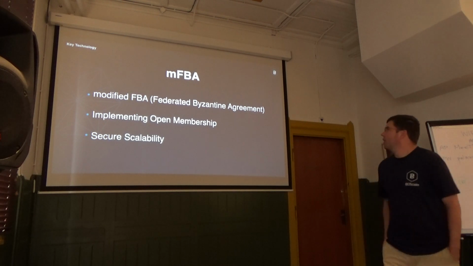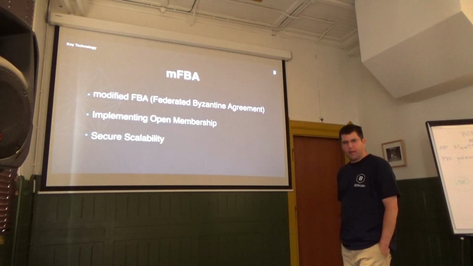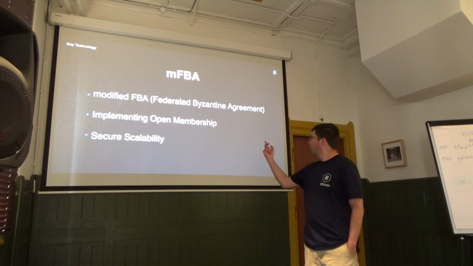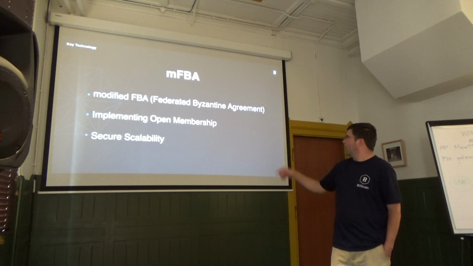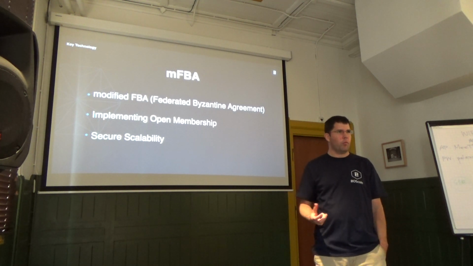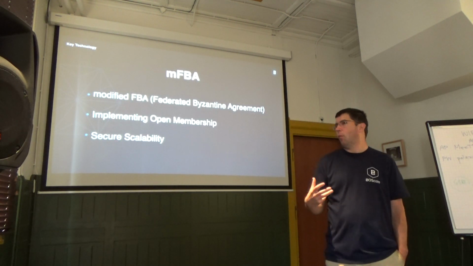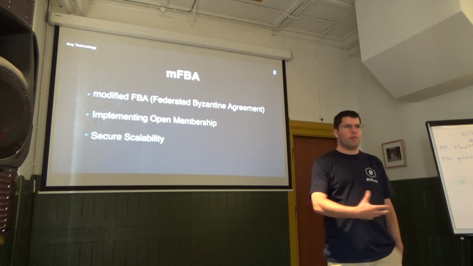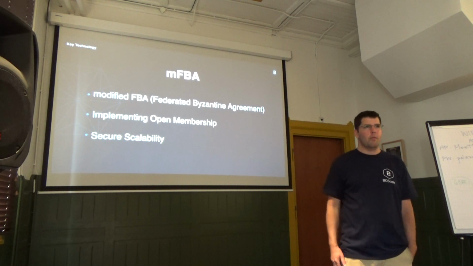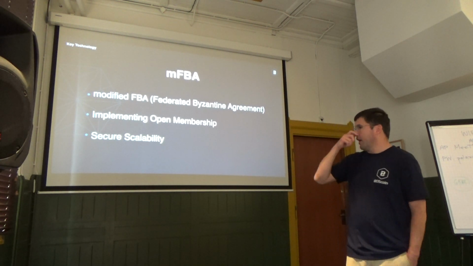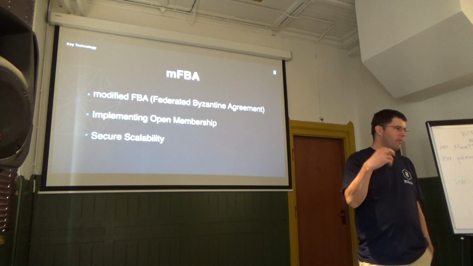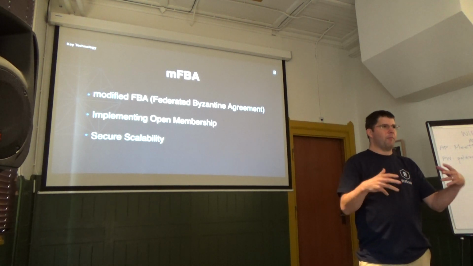Next one. So we talk about modified federated Byzantine agreement, right? Open membership is one of the key features that we have, which is why it's modified. Stellar's is FBA, and it's closed. So it's very manual.